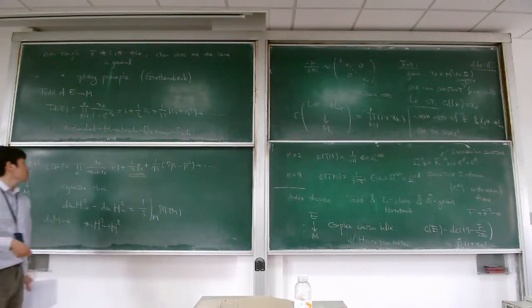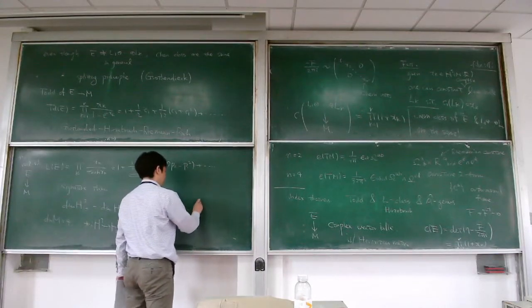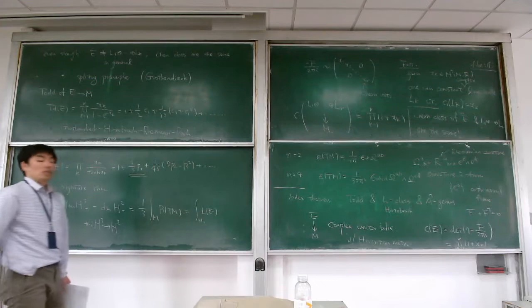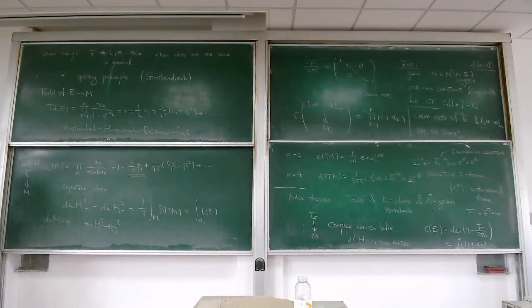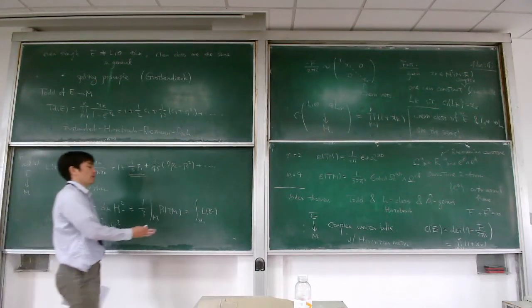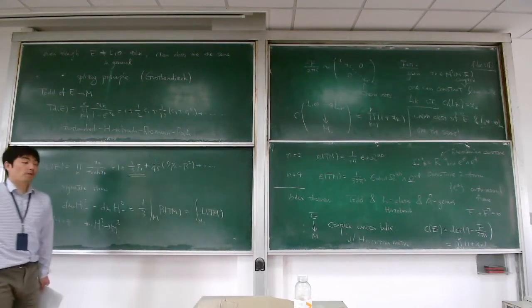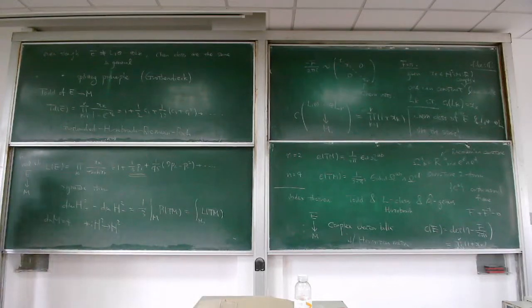So this can be understood as the integration over M of the Pontryagin class of TM.